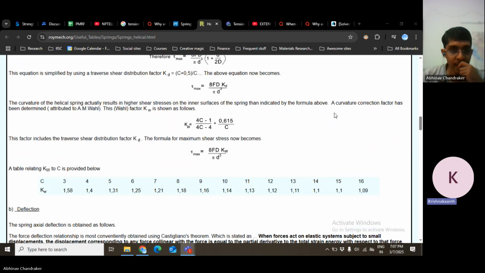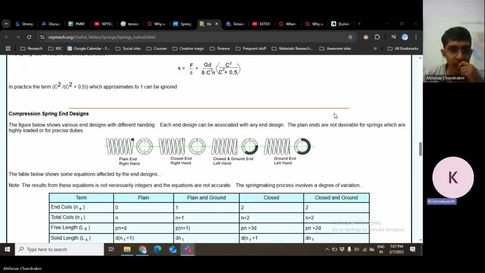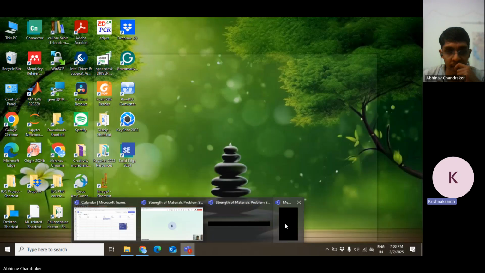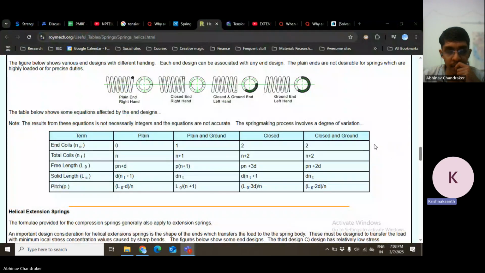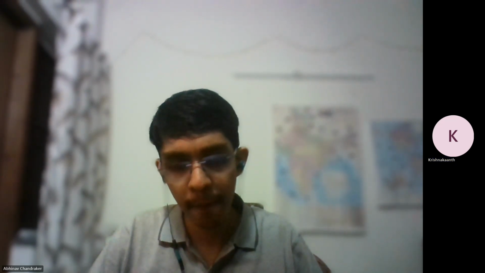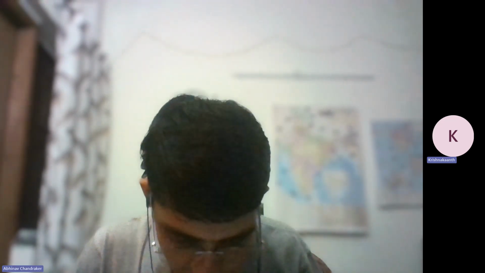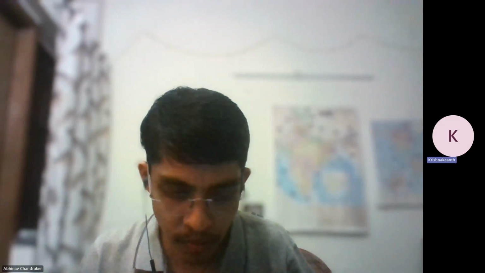So how I understood is, basically in the picture shown, we are applying force in the center of the axis. So sir is telling it is like torque, right? So torque means the first member, like the coiled member, should experience a force F cross R. There is a spring whose ends are at the center.